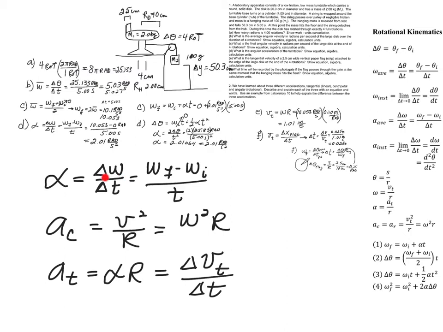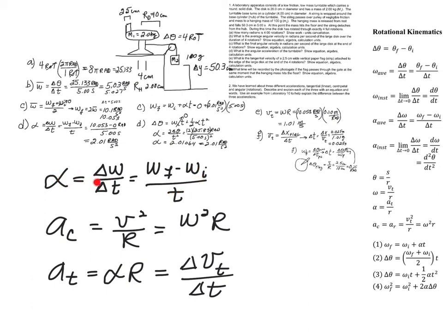The easiest one to explain, I think, is the angular acceleration. And acceleration in general is change in velocity over change in time. So angular or rotational acceleration is the change in the rotational velocity. It's the rate at which the rotational velocity is changing, and it could be increasing or decreasing relative to time.